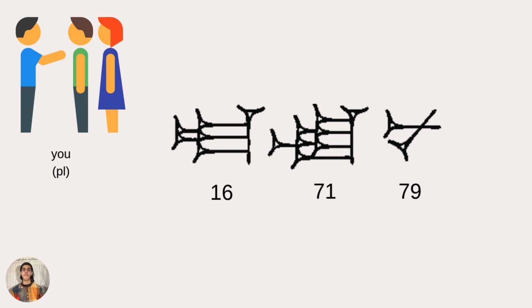And we go now to you, plural. We now, this 16, that is at. And if you remember the 79 that we just saw in the last page, nu. So please look for 71.